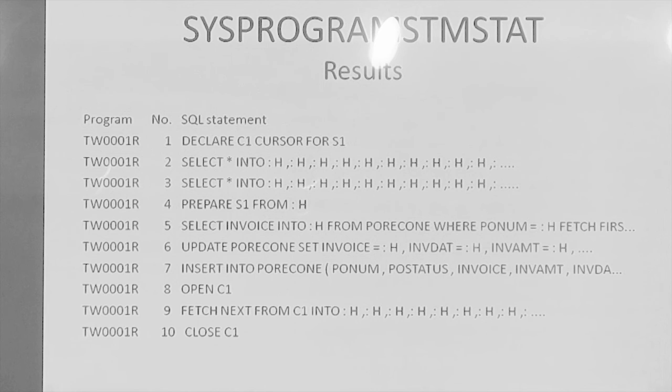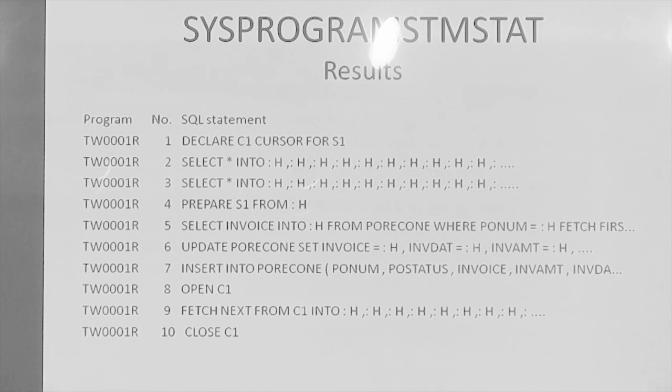The statement number 1 in that particular program is declare C1 cursor for S1. You've prepared a statement for S1 somewhere in the program, and it's declaring the cursor for it. The second statement in the program, physically located in that program, is select asterisk into a bunch of host variables.